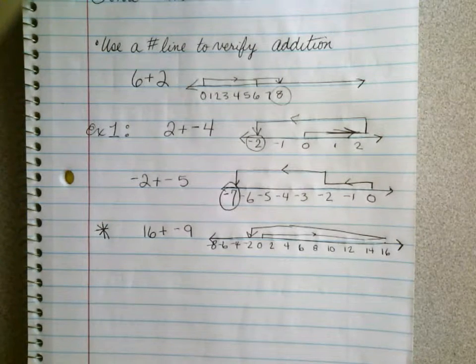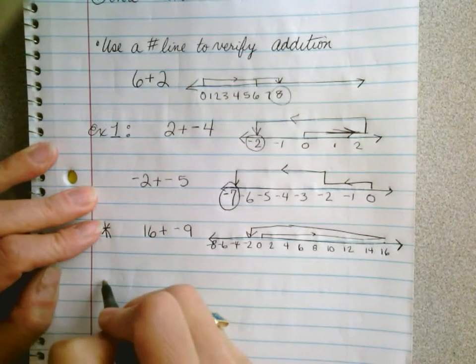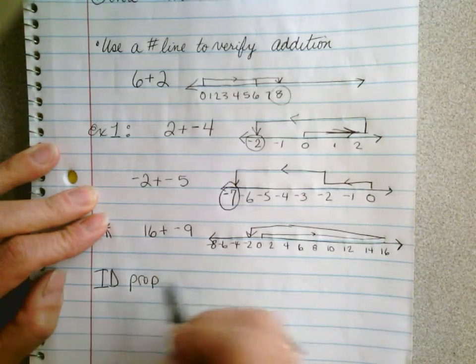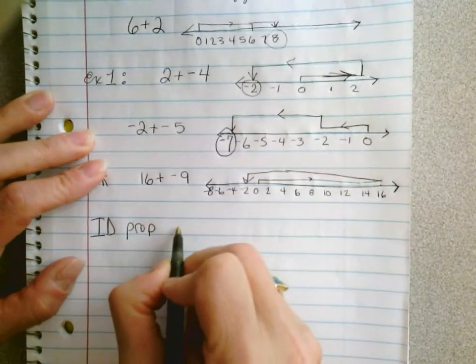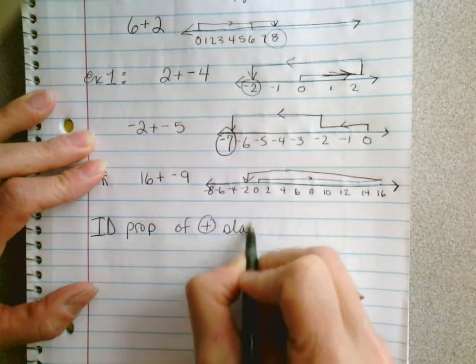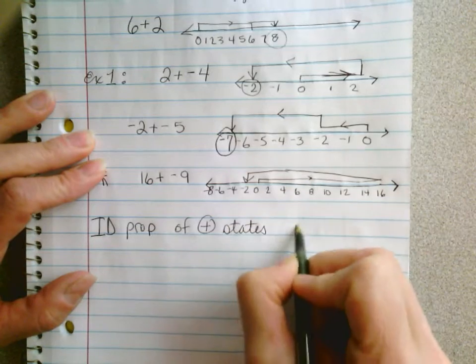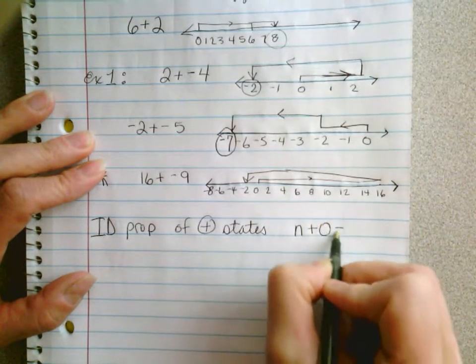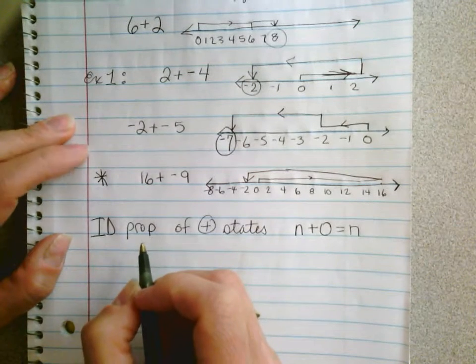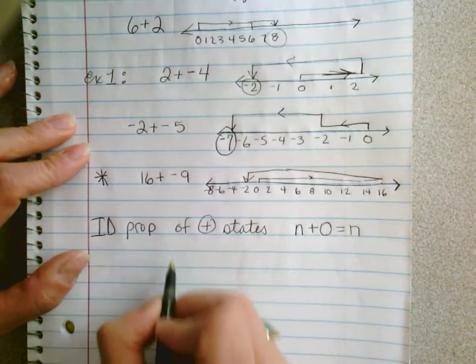If you have an addition problem and you add 0, the identity property of addition states that any number plus 0 is still the same number. Okay, and there isn't really any examples on this, but I'm going to give you some.